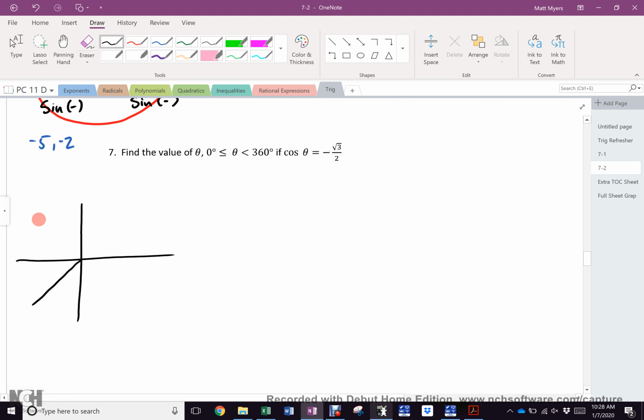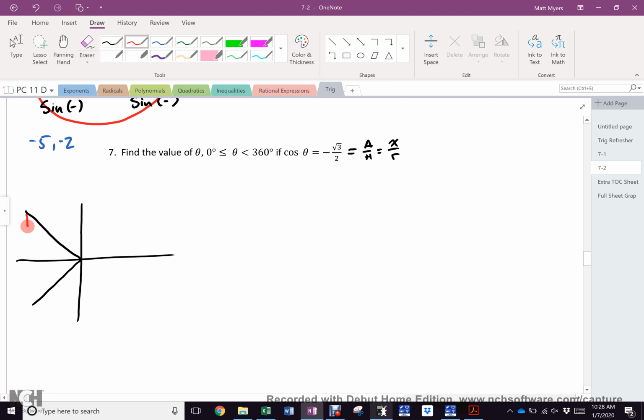Now, what else do we know about cos? It's the same as adjacent over hypotenuse, but now that we're on the coordinate grid, it's x over r. So where our x value has to be here, yes?